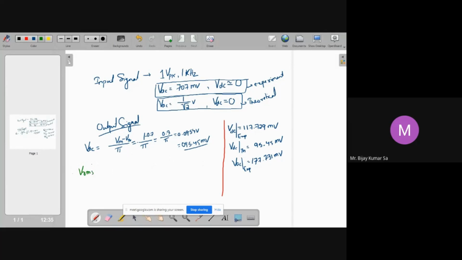VRMS square is equals to VAC square plus VDC square. You know it or not? We have already used this expression in our earlier discussion. So from the experiment, I have the VDC and I have also the VAC.